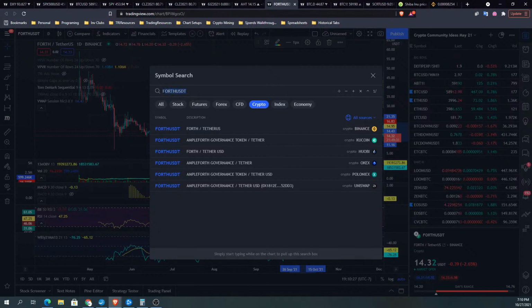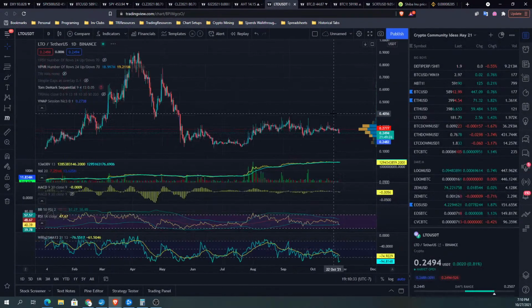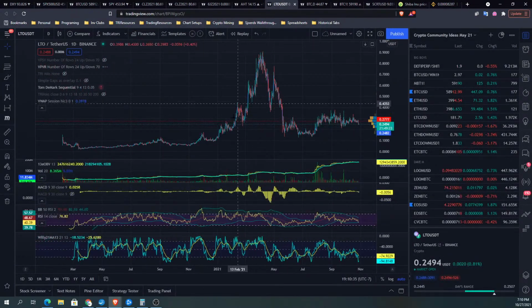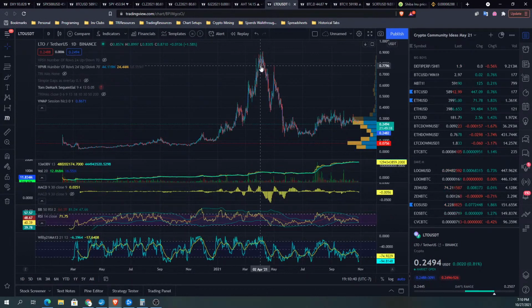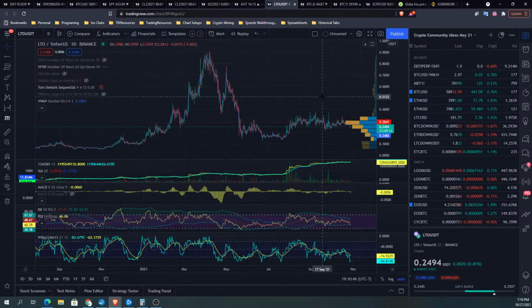And another good example, probably even better, from recent memory, was this LTO. They were running the asset up, and then the insiders were found to have been liquidating into the rallies and taking profits, and the market did not like that whatsoever.